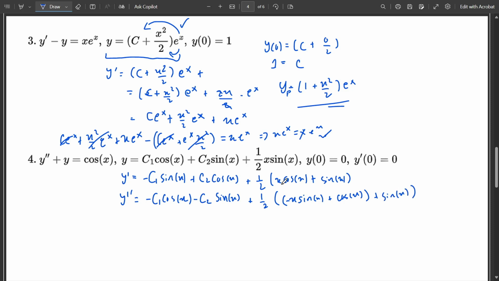Okay, let me check if this is true. So we have x times the derivative of cosine of x, negative sine of x, plus the derivative of x as 1, and then times cosine of x.